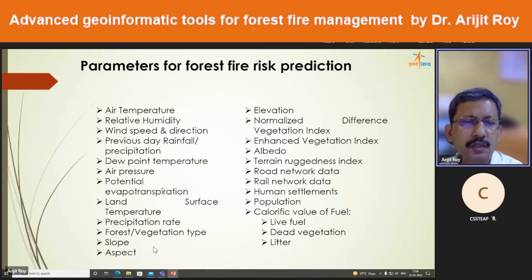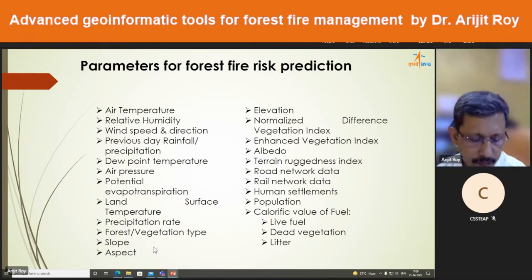And then as static parameters, we have the forest type, slope, aspect, elevation, the NDVI of the previous 6 months, enhanced vegetation index, the albedo, the terrain ruggedness, the road, rail network and human settlements, the population density, and the calorific value of the fuels in the particular vegetation type. The calorific value of the live fuel, dead fuel, as well as the litter.